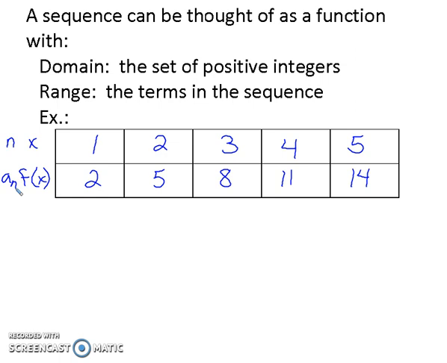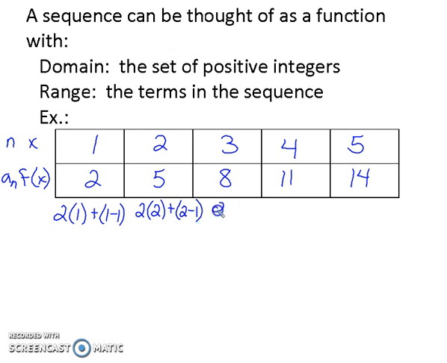I notice that for each of those n values, to get to the a sub n value, I could double my n value. That would give me a number 2 plus n minus 1. Because if all I did was double my n value, that wouldn't work the next time around. That would get me to 4, but I would need to add 1 more than that to get to 5.